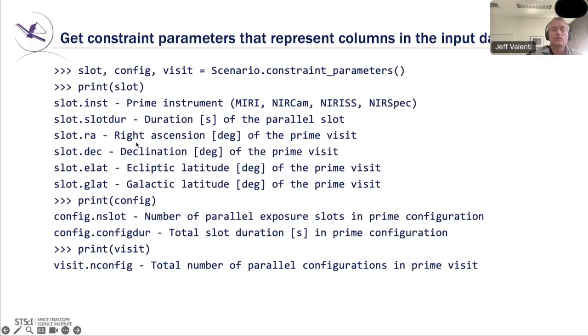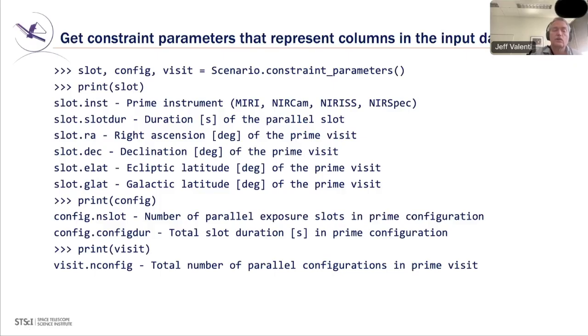And these correspond to some of the columns, but not all of the columns in the input file. So what is the prime instrument? What is the duration of the parallel slot, the RA, the Dec, the ecliptic and galactic latitude, the number of slots, total slot duration, the sum of all the slots, and the number of configurations.